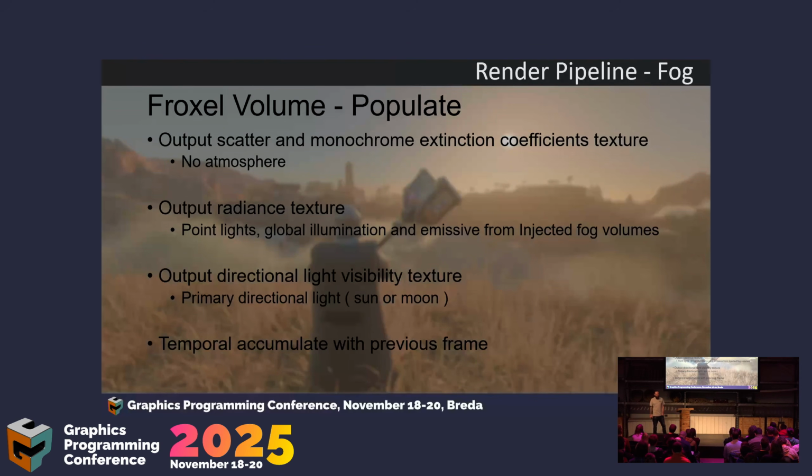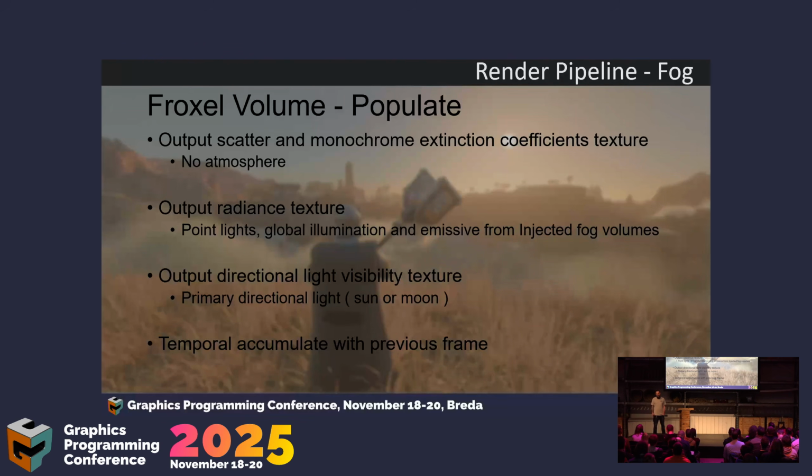In the next step, we populate our froxel volume with media and light data. We launch a compute shader with one thread per froxel and jitter the sample position by a Halton sequence offset each frame. We then store scattering and monochrome extinction coefficients from all fog types except voxel fog and atmosphere in a texture.